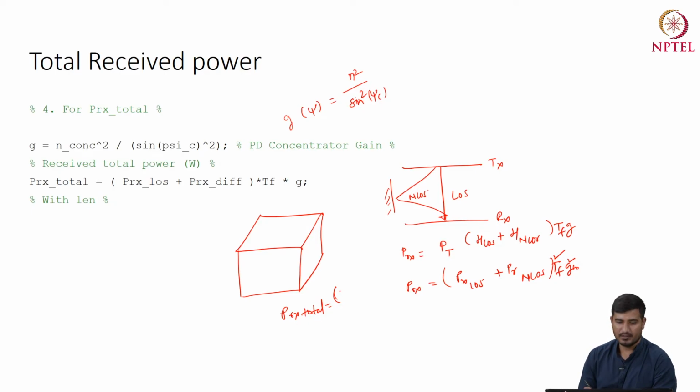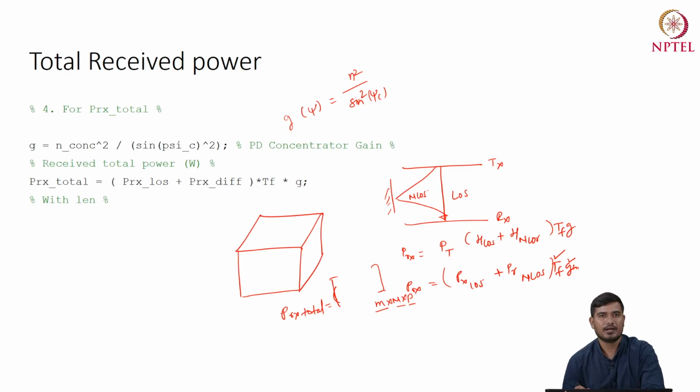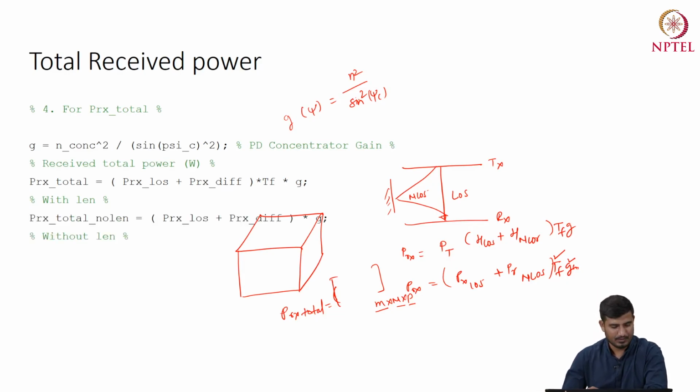You will get a matrix of order M cross N cross P. These values of M, N and P depend on the number of grids that you have considered inside the room. Again, you can plot the received power value with lens, where you can use this lens gain, or you can plot it without lens also.